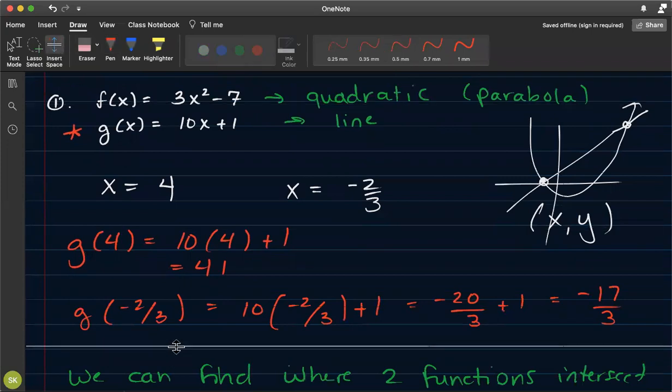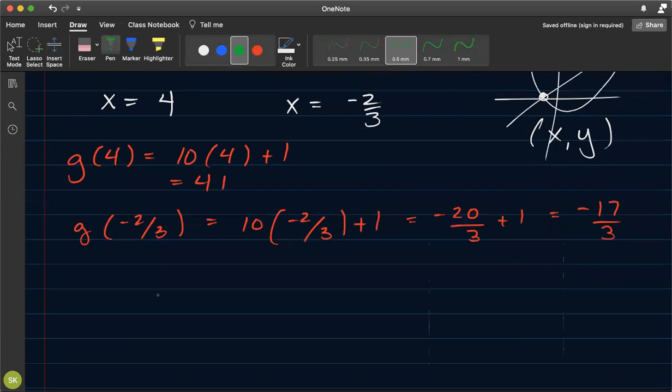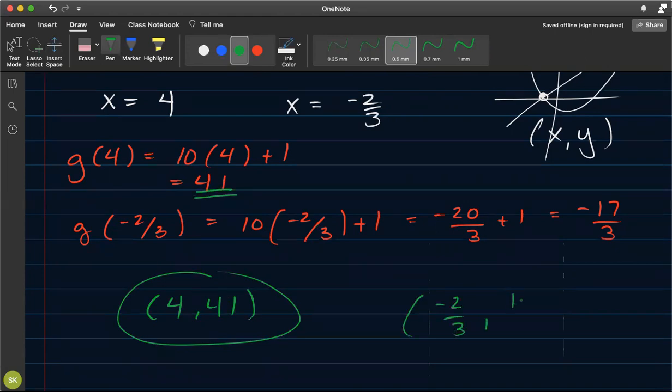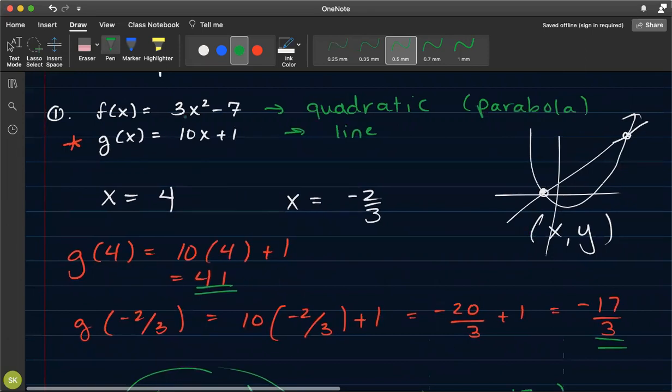So my points of intersection are 4, 41, which I got from this one, and negative 2/3, negative 17 over 3. I got that from here, because those will be the y values. You could also plug it into this function if you want, and you should get the same answer.